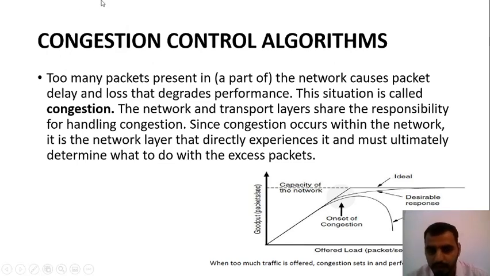Now see, if you observe this graph, this says this is the capacity of the network, this is the way you are sending the information, or the desirable response, and this is the ideal way.